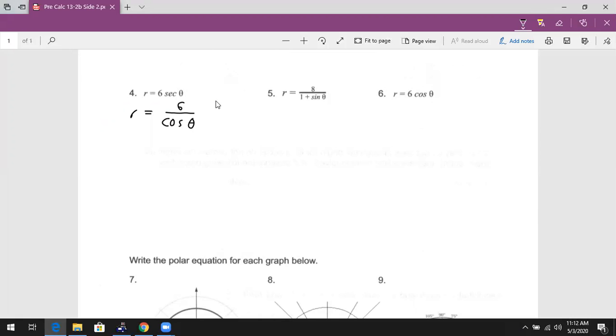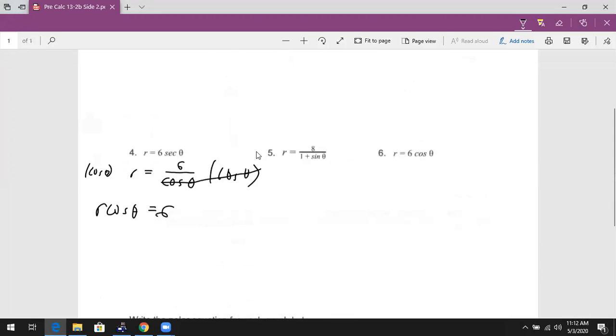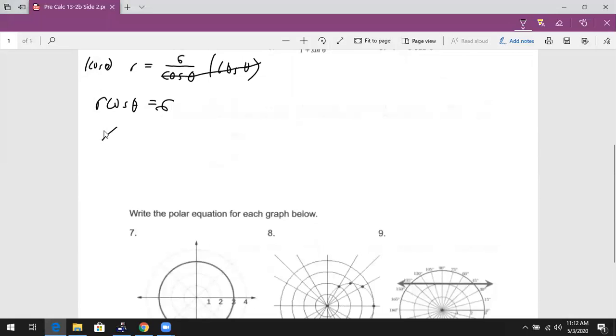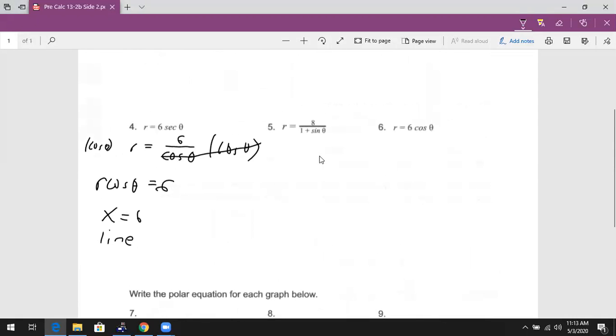And then taking both sides times cosine theta, I get r cosine theta is 6. And now you can see from our substitution, that means x equals 6. So that makes this a line again, a vertical line.